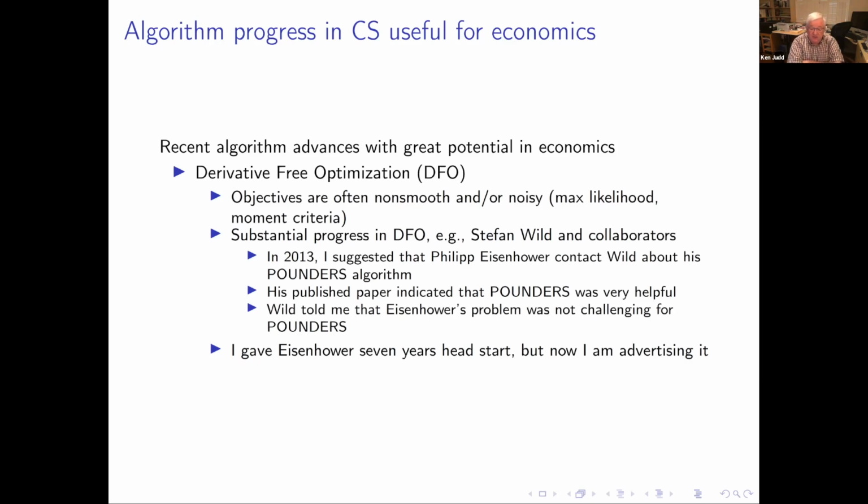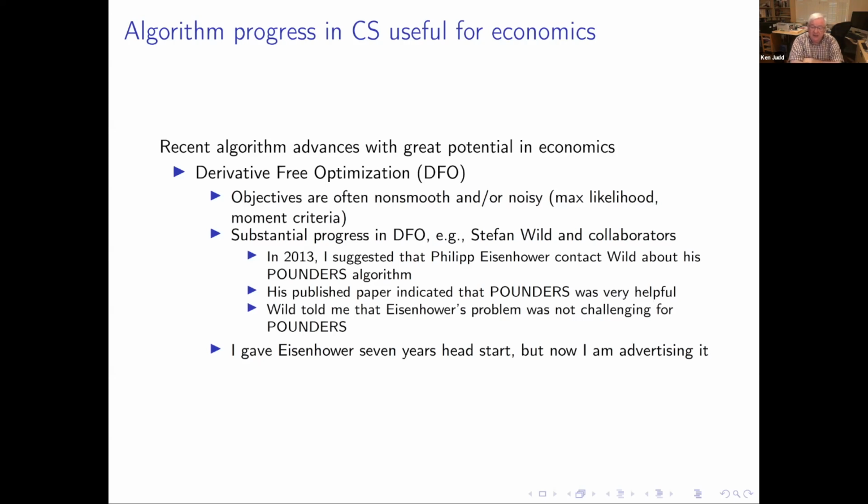Back in 2013, Philip was a postdoc at Chicago, and I was teaching my course at Chicago, and Philip was a student, I think every lecture he was there. In conversation, we were talking about some econometric problem he was doing, trying to solve some likelihood problem or whatever.